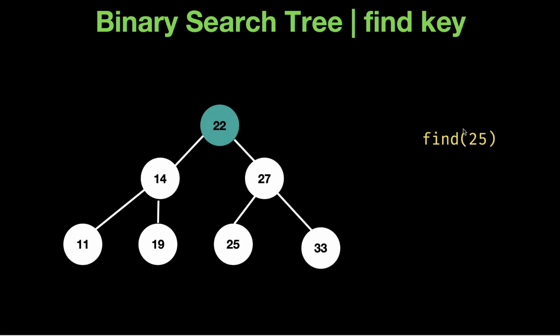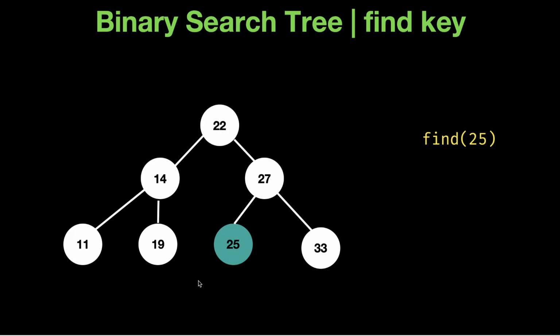But right now 22 is less than 25, so we will not have to check the left subtree now. Our required key lies in the right subtree, so we will go to the right subtree. Now we will again check whether this node contains the required key. No, so we will compare 27 and 25. 27 is greater than 25, so we will now go to the left subtree. In this case we will check again, does this node contain the required key? Yes, because 25 is equal to 25.